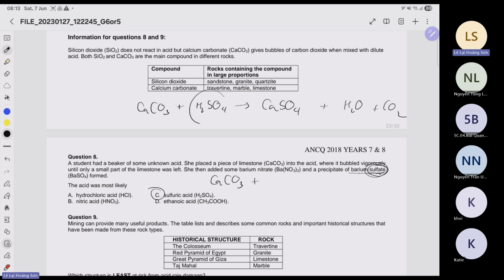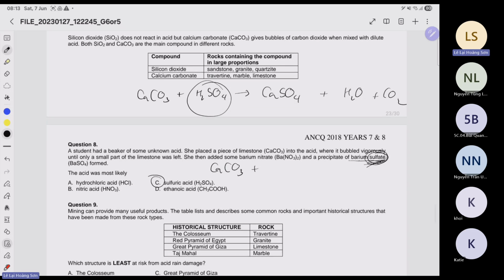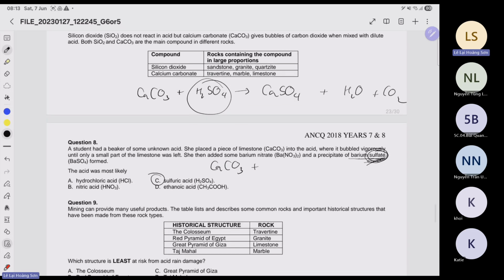And you still have H2SO4 in excess in the solution. You add barium nitrate, and then it can give you the white precipitate still. So the next reaction is H2SO4 plus Ba(NO3)2. It's going to be BaSO4 and HNO3.